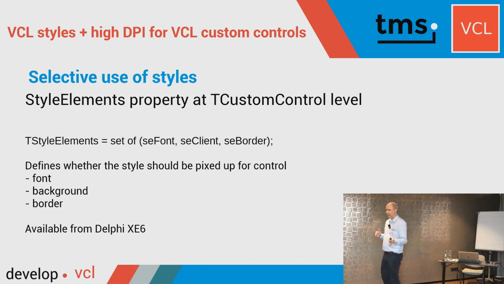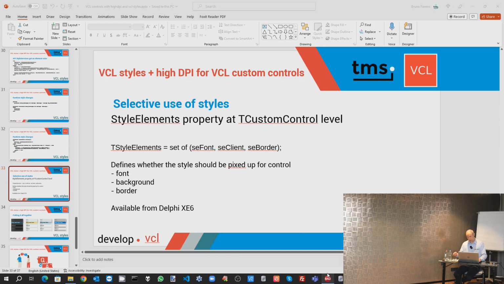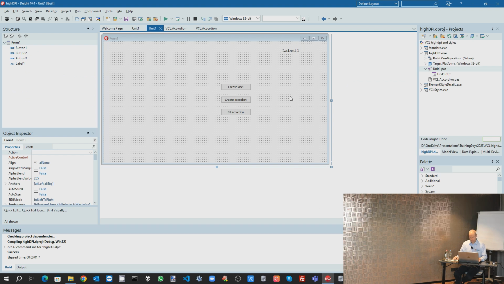But if you want to deviate from that, in XE6 the style elements property was introduced at the custom control level, and that allows you to turn off the styling. So regardless of the VCL themes, it will stick to the property that you have used for the font, the color, the border. This is an extra property to control these things. And we have added this support for VCL styles in our accordion control example here.